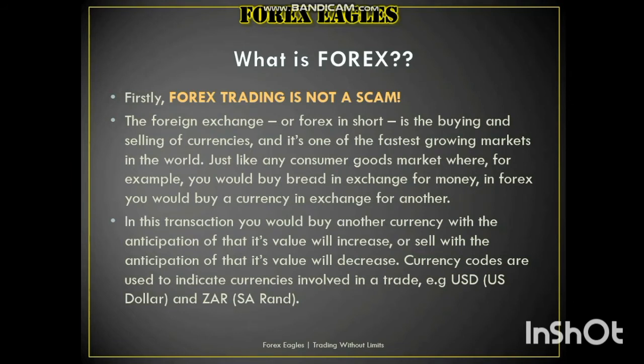So we use currency codes to indicate currencies that are involved in a trade. For example, if you're looking at the USD ZAR, which is what we are usually looking at in South Africa because it affects us a lot. So as you can see there, we have the USD, which is for the United States dollar, and ZAR for the South African rand.